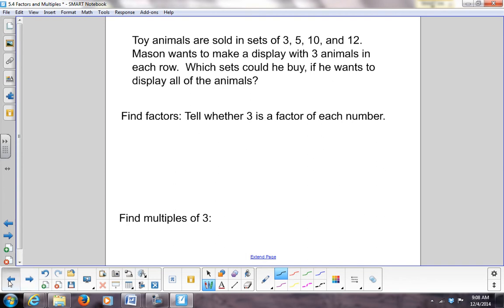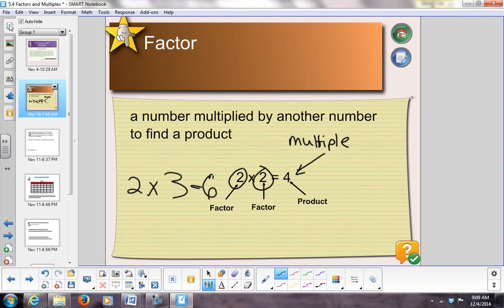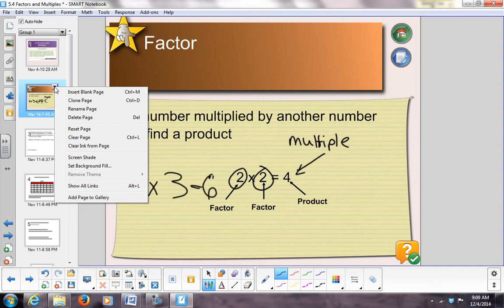All right. Let's go back. A multiple. I'm not sure why I didn't do that, but a multiple is this. So a multiple is what it equals when you times it by something. Let's get a blank sheet in here, and you guys can write this down in your definitions page.